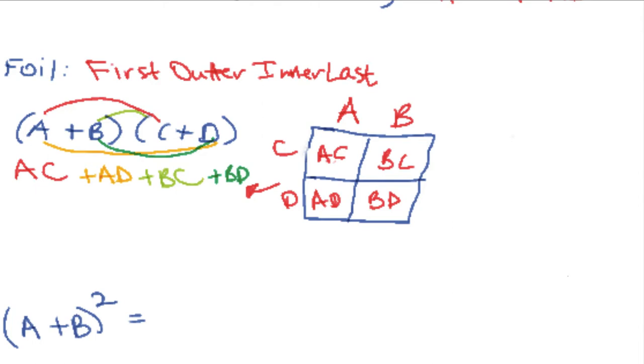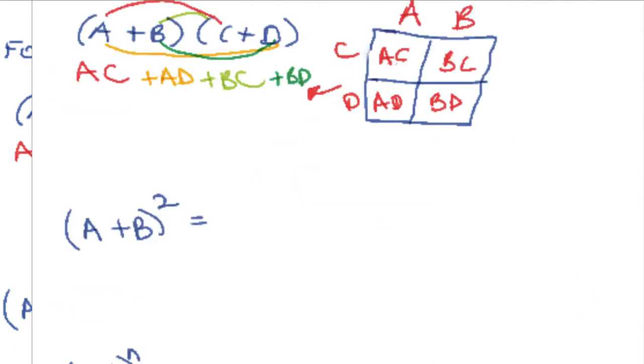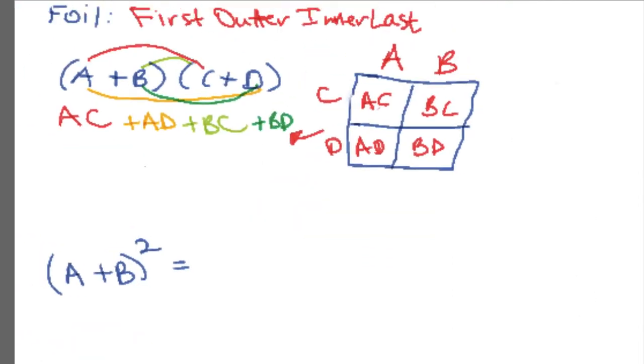Okay? So if it's squared, there's a little trick: you take the square of the first term, plus twice the product of these two, plus the square of the last term. So square it, and twice the product.